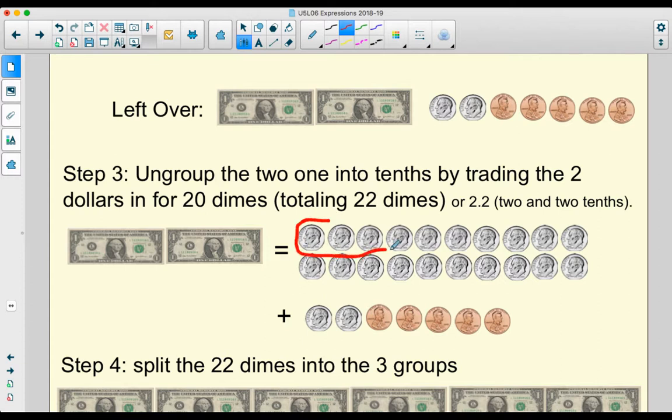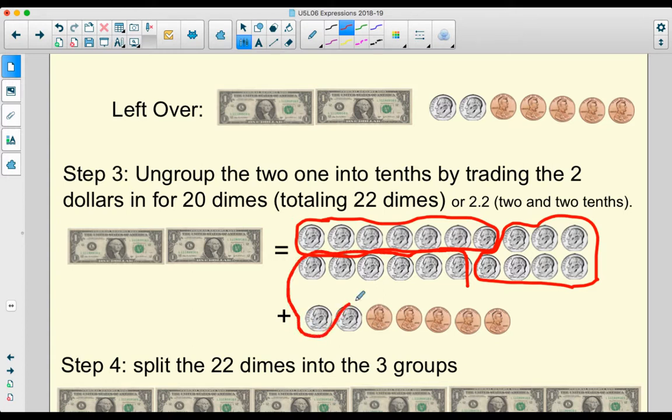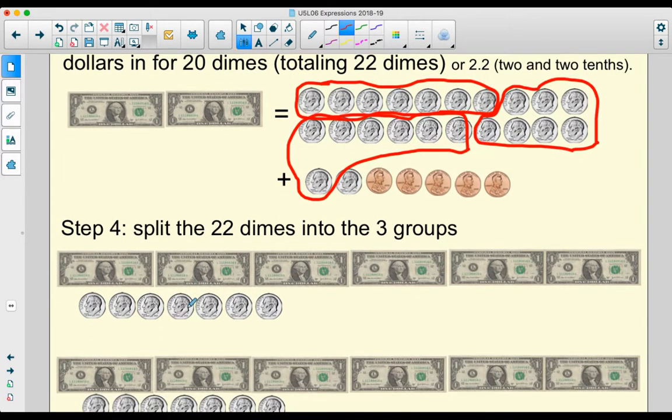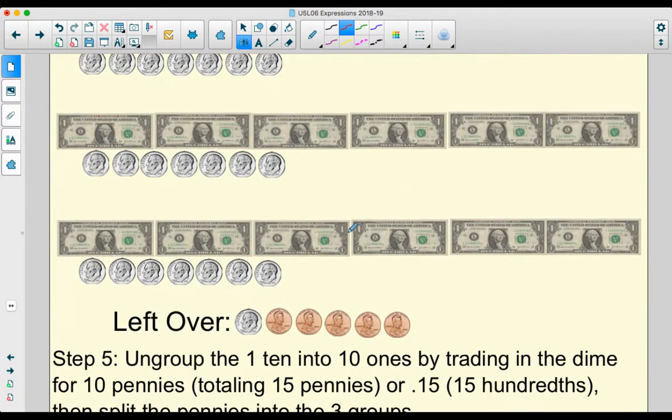So that's 1, 2, 3, 4, 5, 6, 7 for one person, 7 for another, and 7 for the third person, giving them now $6, 7 dimes, and I have 1 dime left over.